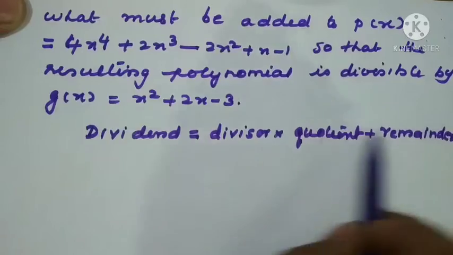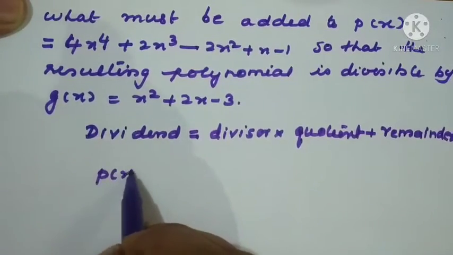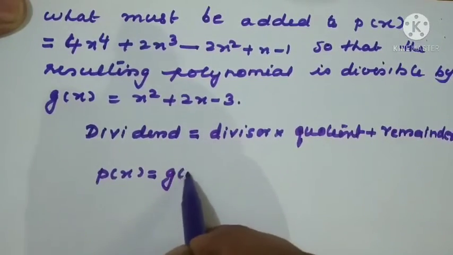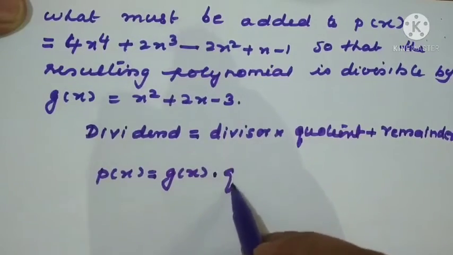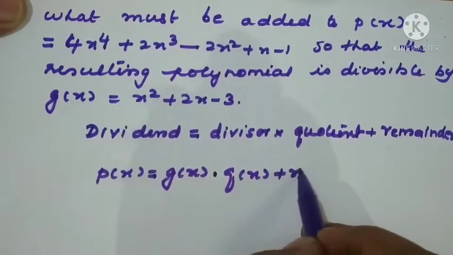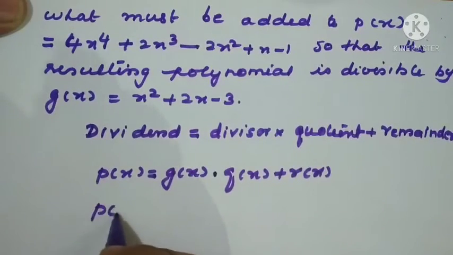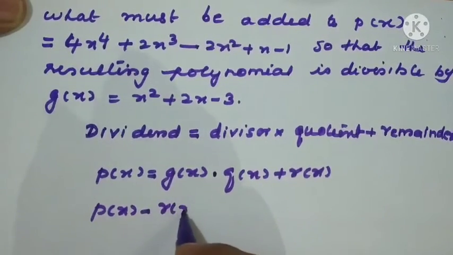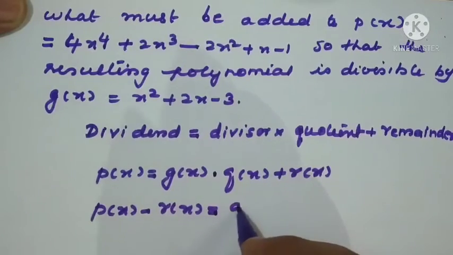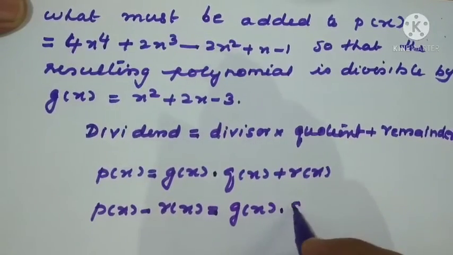So in terms of polynomial, p of x equal to g of x into q of x plus r of x. Now if we are bringing r of x to this side, what will happen? P of x minus r of x equal to g of x into q of x.